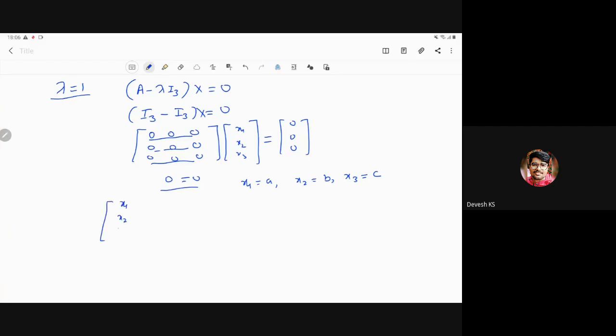x1, x2, x3, but these are all arbitrary. You can write A, B, C. Then you can break it into A times (1, 0, 0), plus B times (0, 1, 0), plus C times (0, 0, 1).